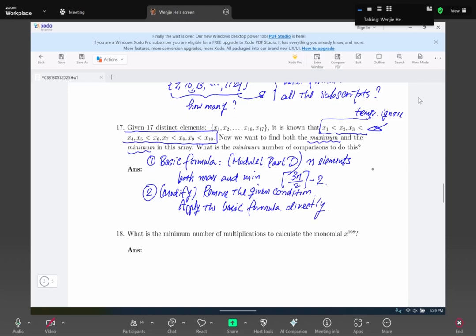Because that's the perfect situation where we can apply that formula. All right. Then step 3, you need to add the condition back. Bring the condition back, because finally, you need to solve the original problem without modification.